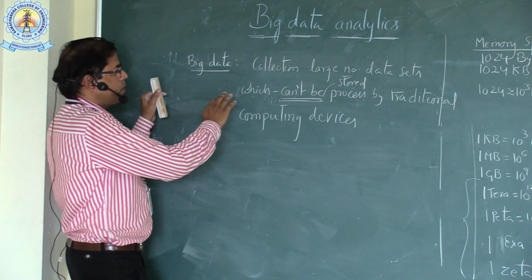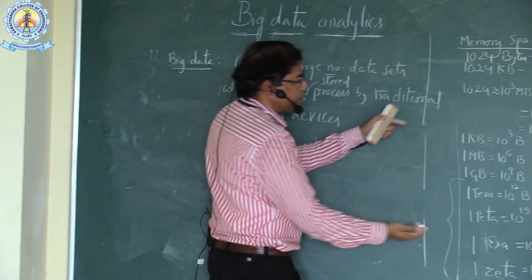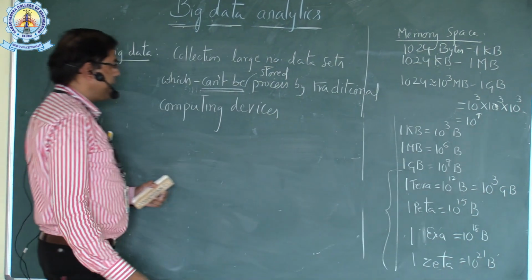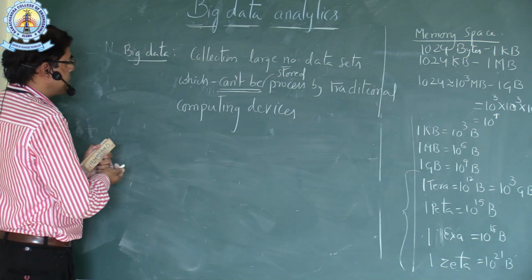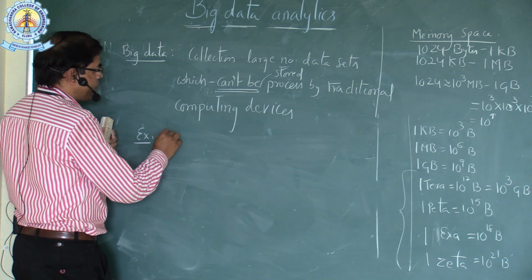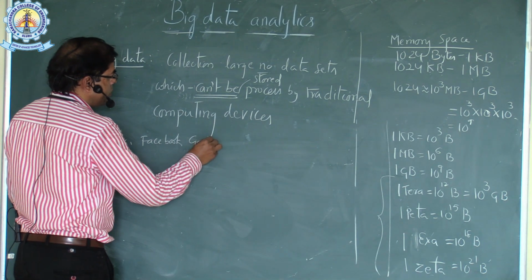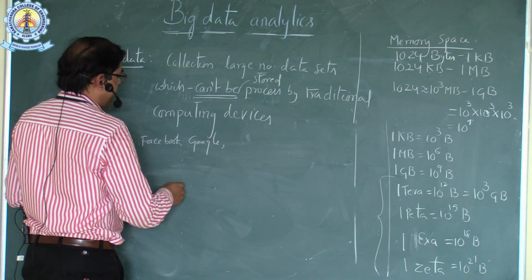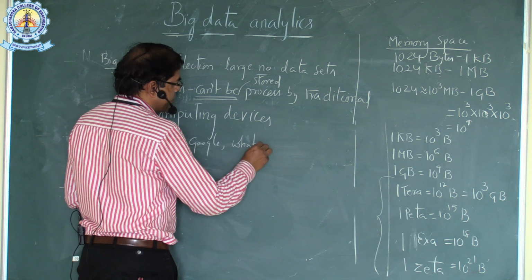Now I have talked about the introductory part, how this huge data comes into action, how memory space looks, and what big data is. Now let us go to some examples of where it is located. Let us take Facebook servers, Google servers, WhatsApp servers.